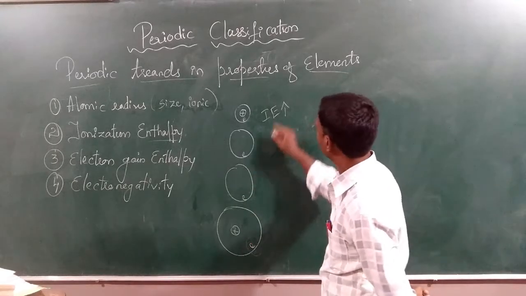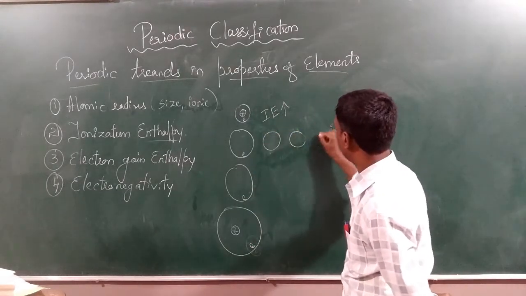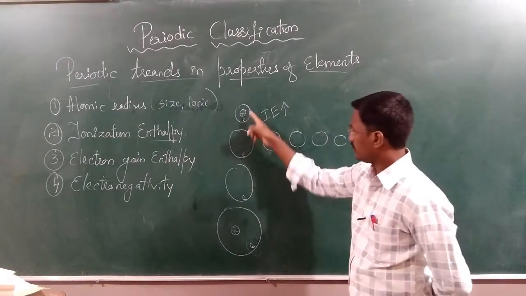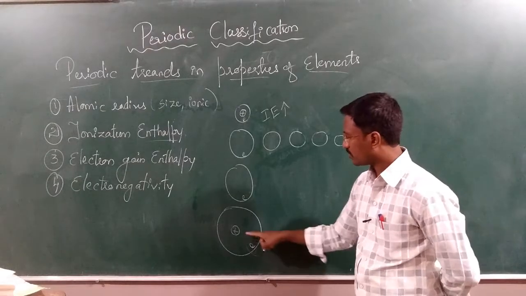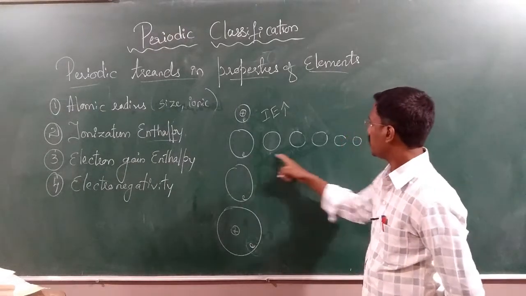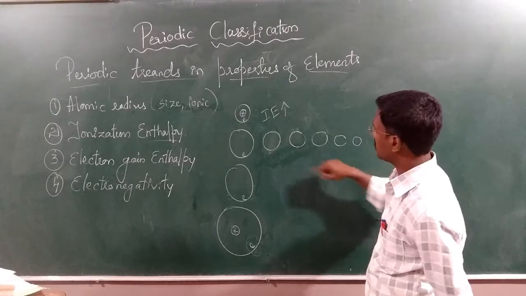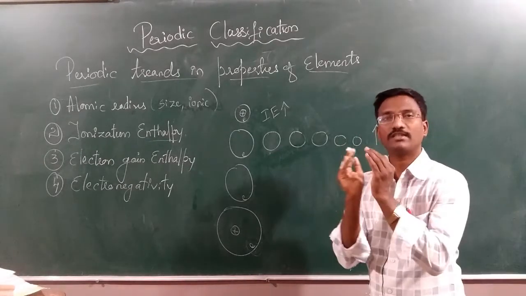And across the period, what happens here? Same thing. Down the group, ionization enthalpy decreases just because the distance is far away. Here, across the period, the ionization enthalpy increases. Why? Because as the number of electrons increases, atomic size is decreasing.